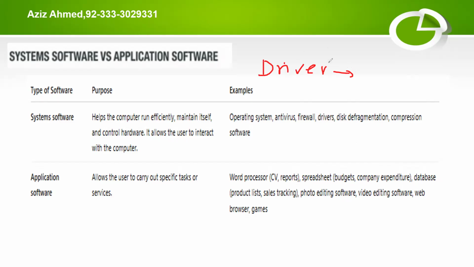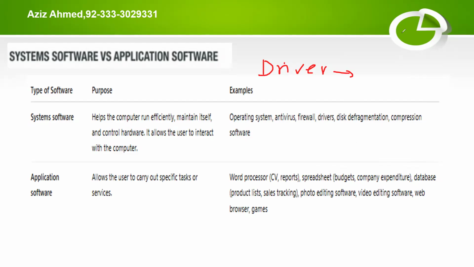Compression software. Application software allows the user to carry out specific tasks or services. Examples: word processor, CV, keyboards, spreadsheet, database, photo editing software, video editing software, web browser, and games.